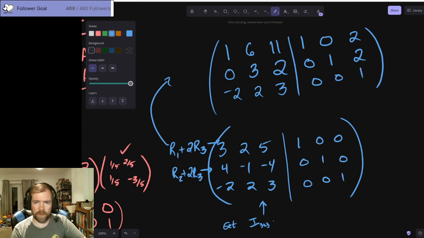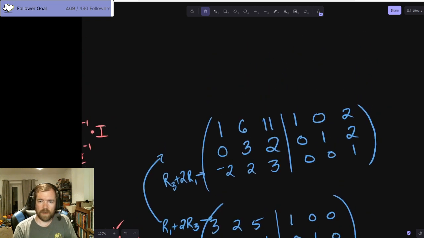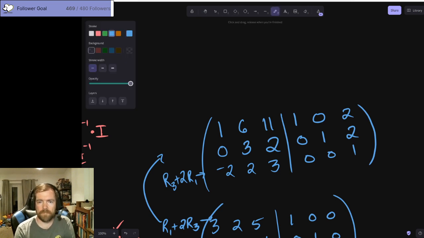Alright, in order to eliminate the bottom row, I would like to take row 3 plus 2 row 1, put it back in here. And second row, we could do some stuff, but let's just leave it for now. We can, however, take row 1 and subtract 2 of row 2 to get rid of our second item.